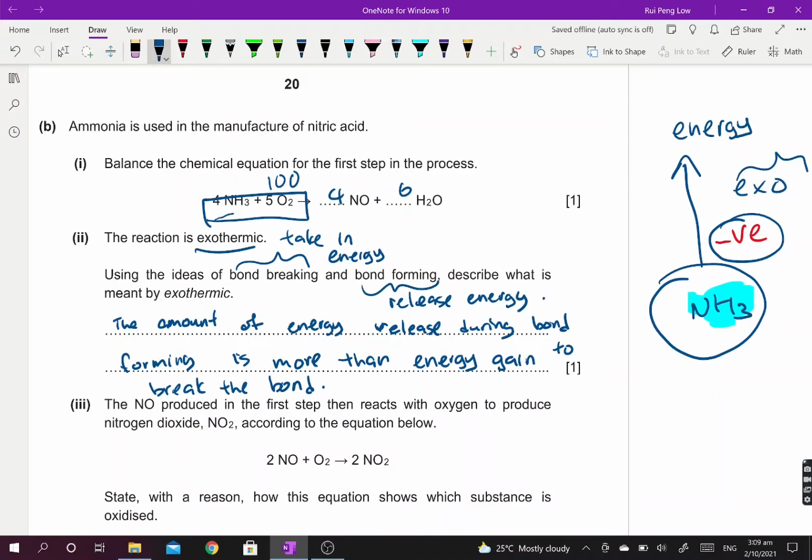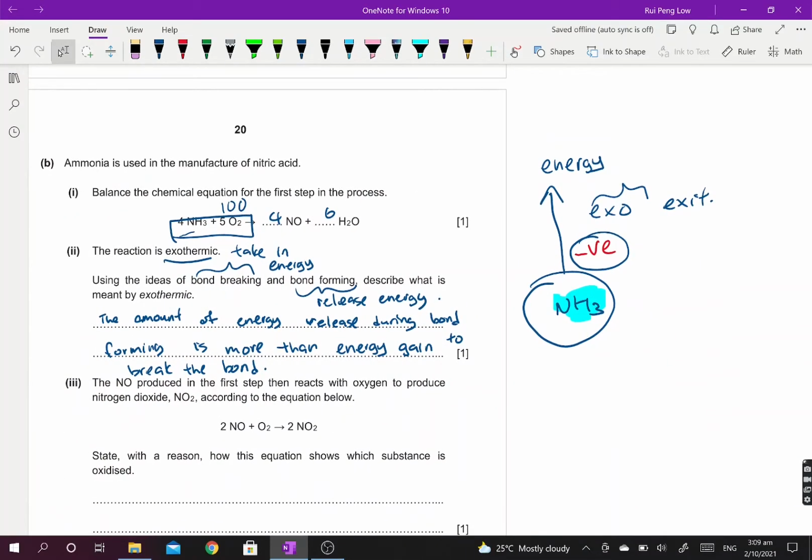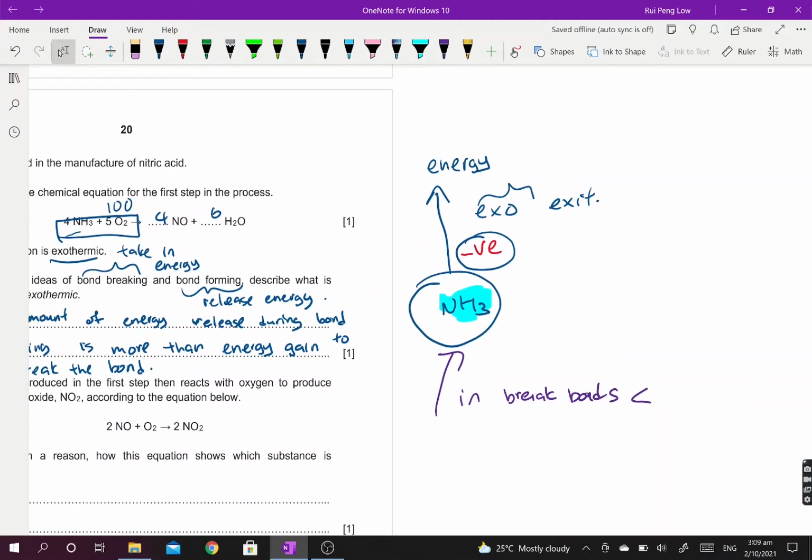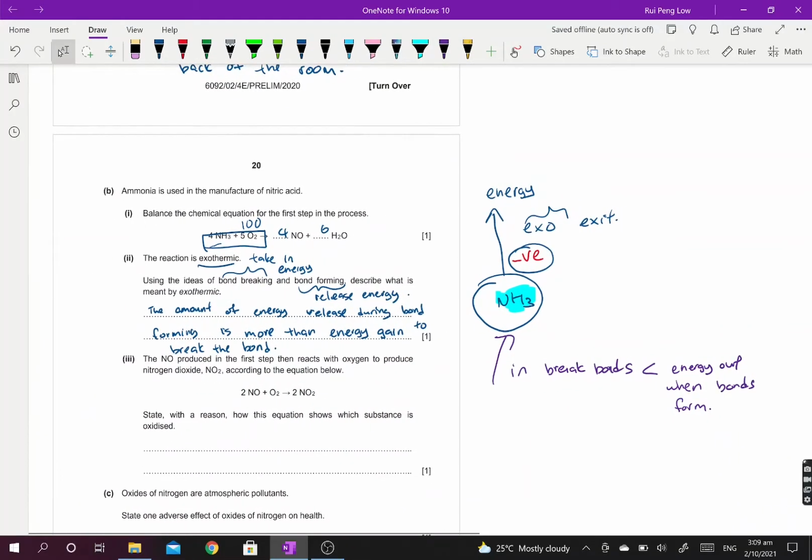So what this means is that the energy in to break bond, okay, is less than. So if you net out the effect, is less than the energy out when bonds are formed. Okay, so whenever there's bonds formed, energy will be given out.